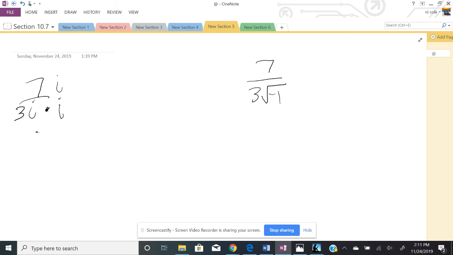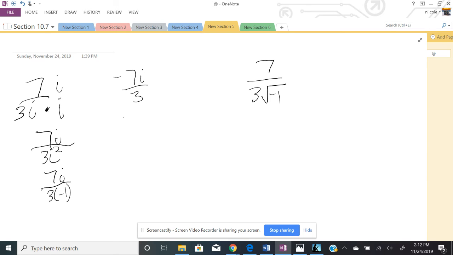Okay, so now I get 7i over 3i squared. Okay, and then I've got to replace the i squared with -1, so I have 7i over 3 times -1. Okay, and so my final answer I can write as negative 7i over 3.